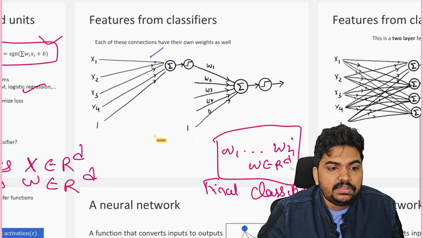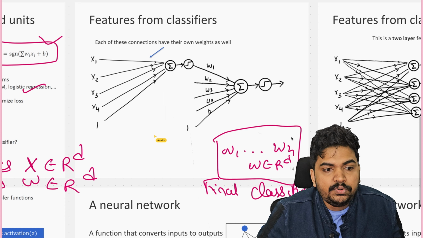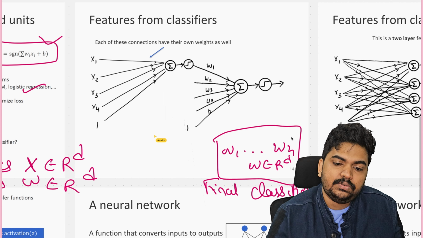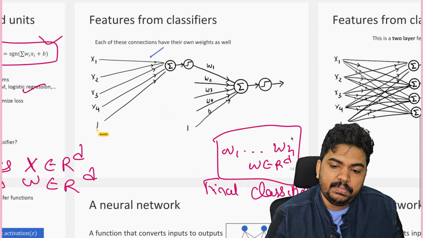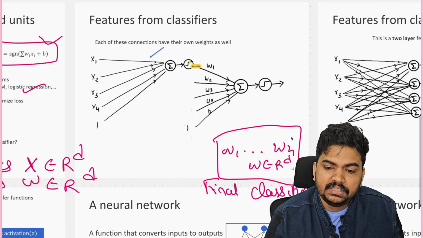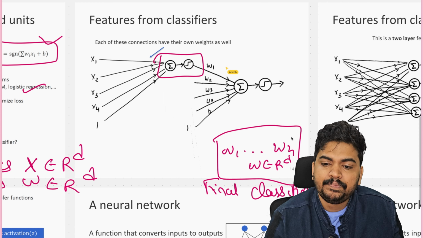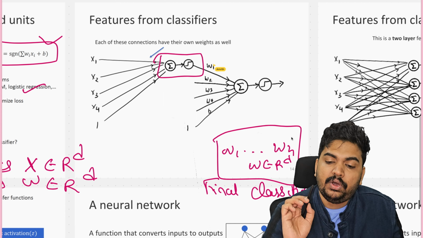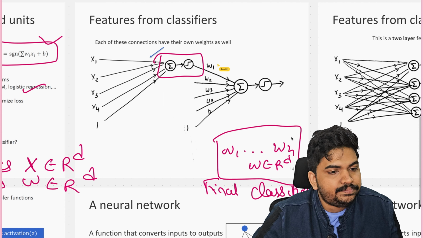Instead, what if all these inputs create a new classifier whose output is the feature to the final classifier? So there is x1 to x4, there is a 1 for the bias. I am doing this dot product and summing the bias. I am having the thresholding, and this unit then forms the feature for w1, which is one of the elements of the weight vector w.